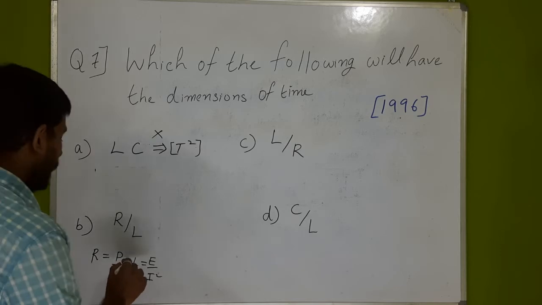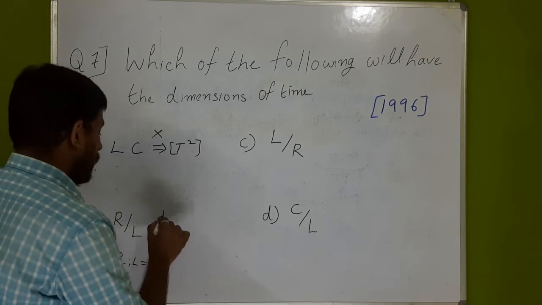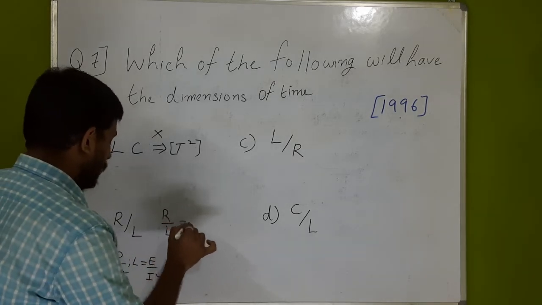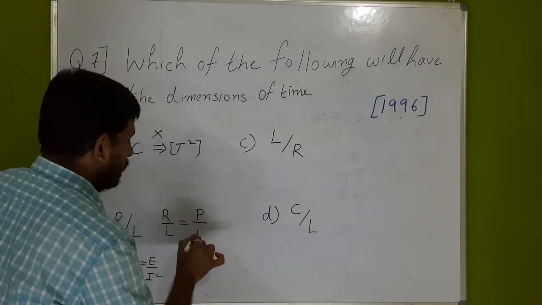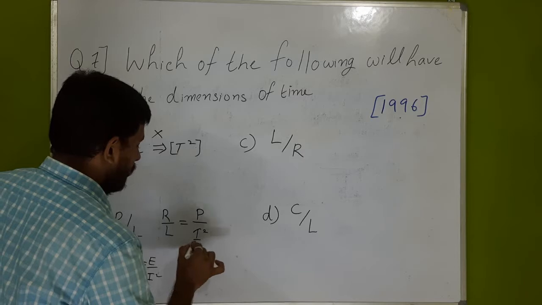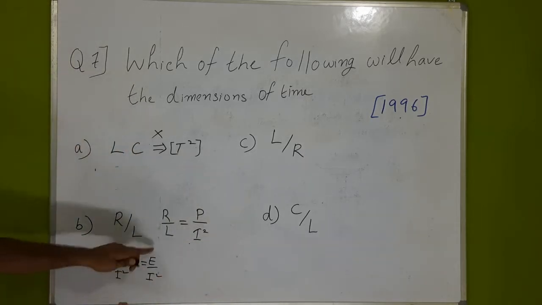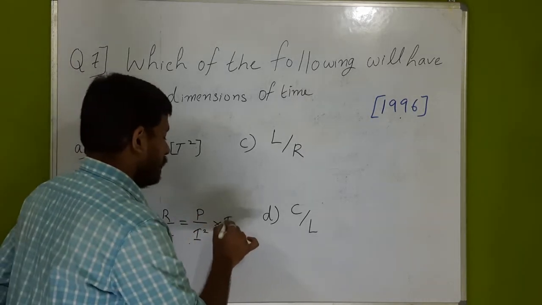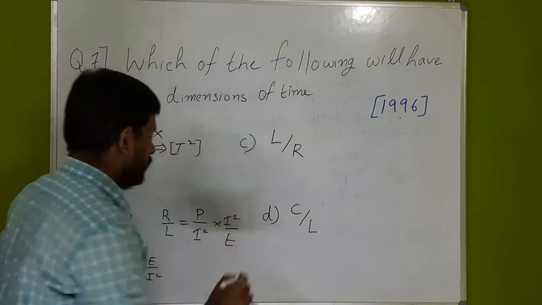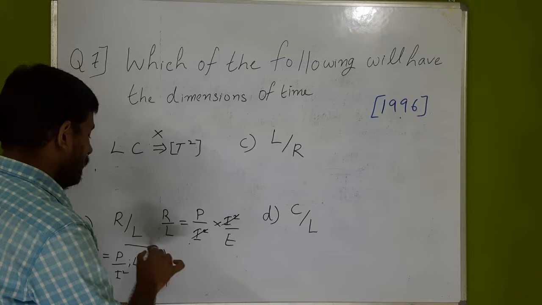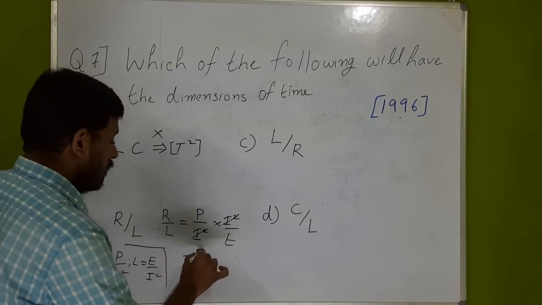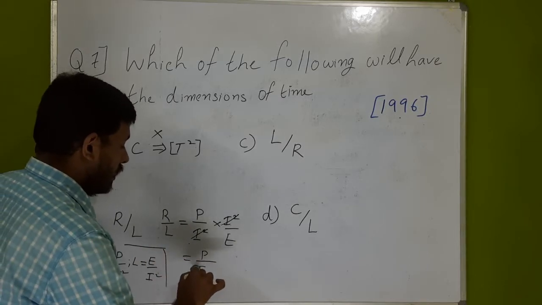Therefore R by L is equal to P by I square into the reciprocal of this, that is I square by E. So therefore this I square and I square get cancelled, and we will get power divided by energy.